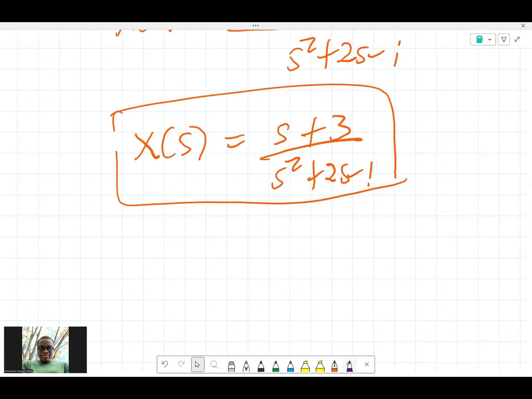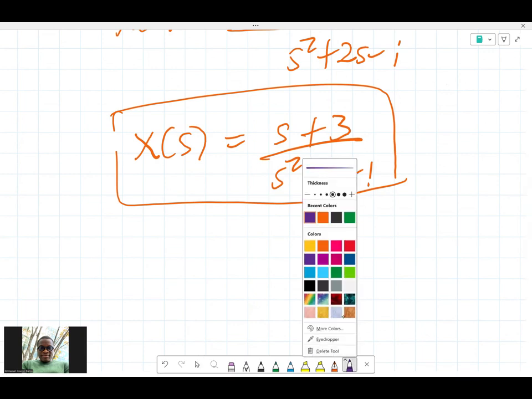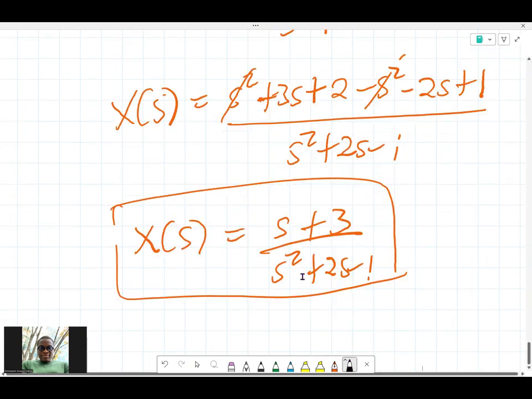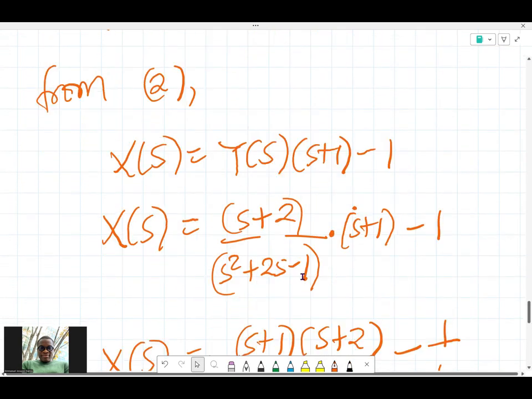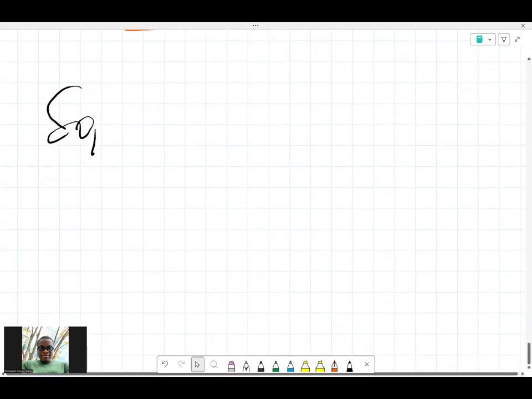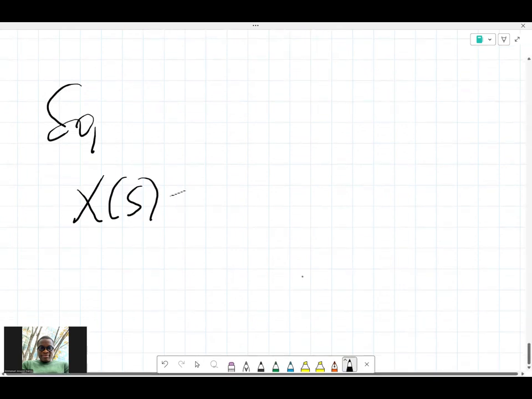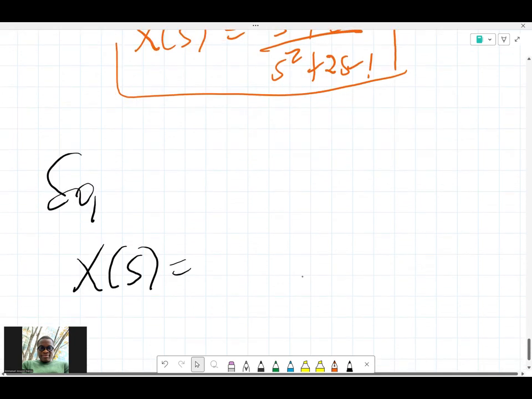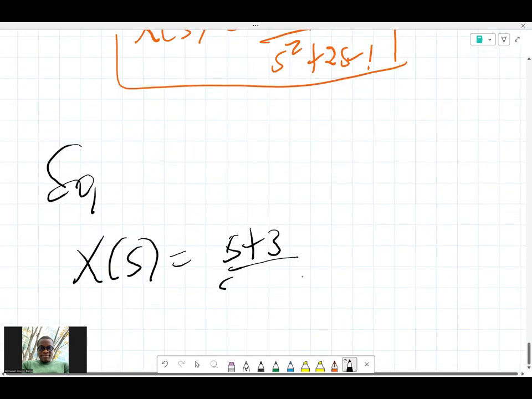So let me switch gears at this point. So x of s is equal to s plus 3 all over s squared plus 2s minus 1.